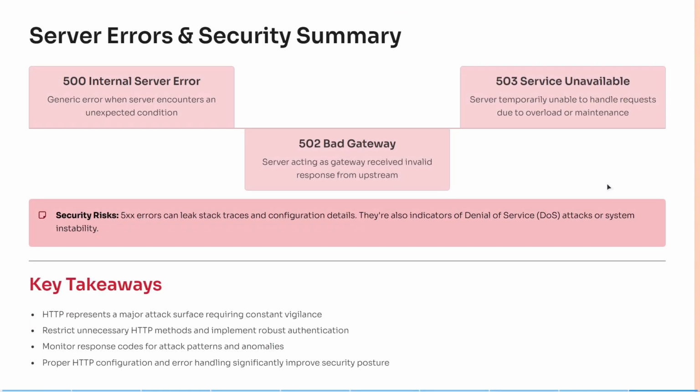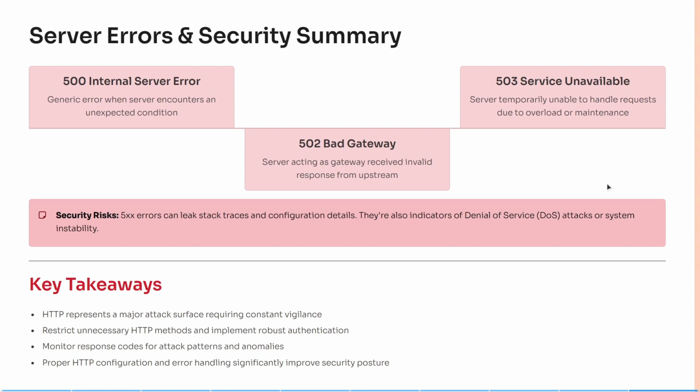So now let's talk about the summary and the last code, 5xx. First one is 500, which is internal server error. It is a generic error when the server encounters an unexpected condition. Second is 502, which is bad gateway. Server acting as gateway received invalid response from upstream. 503, service unavailable.